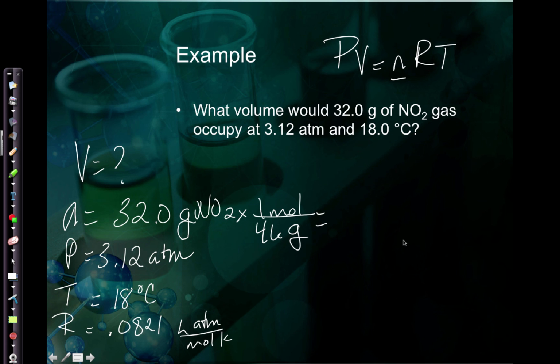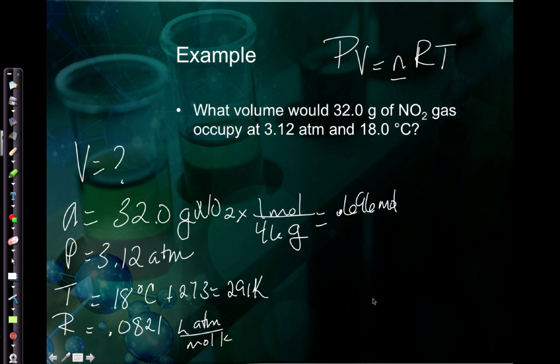And that is going to give me 0.696 moles. So I was given a pressure in atmospheres. Atmospheres and atmospheres, it matches, so I don't have to worry about that. Temperature has to be in Kelvin regardless, so add 273 to that. And you're going to get 291.